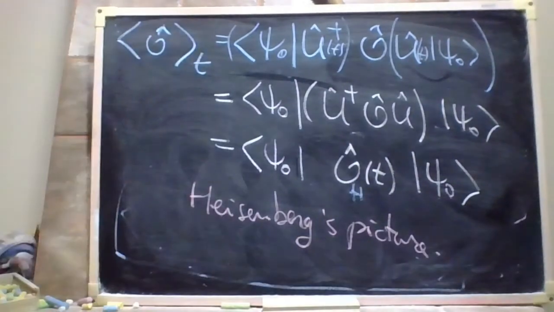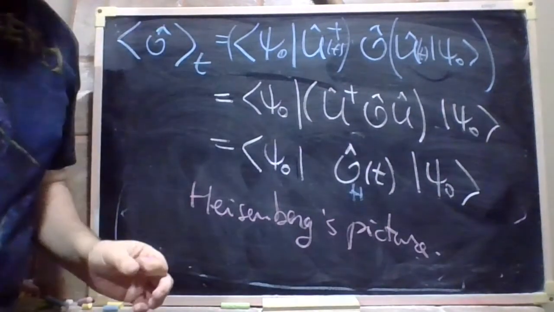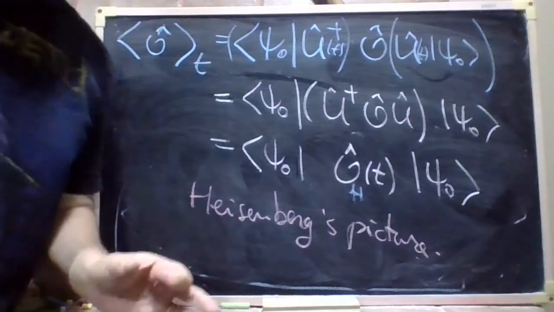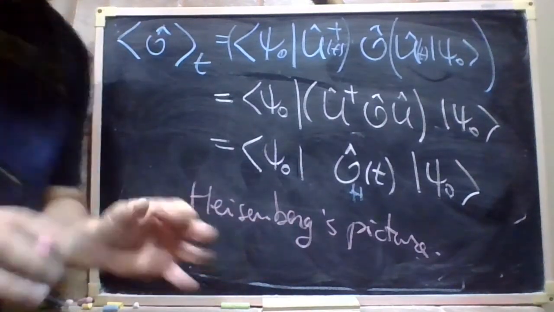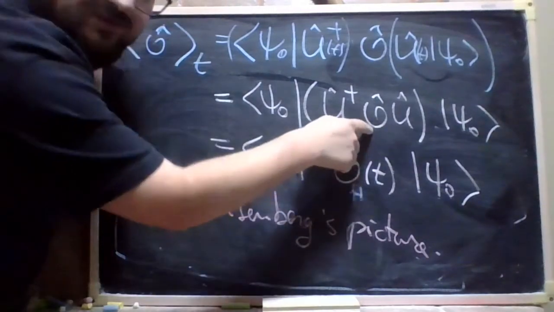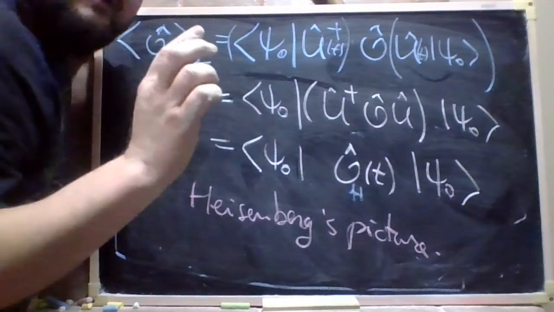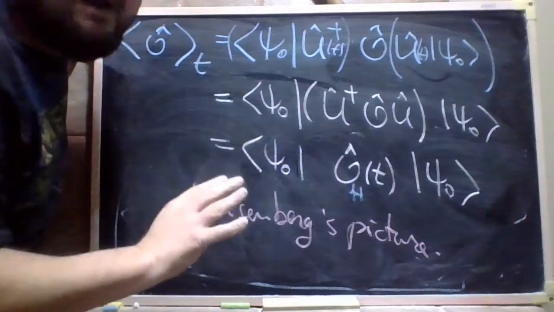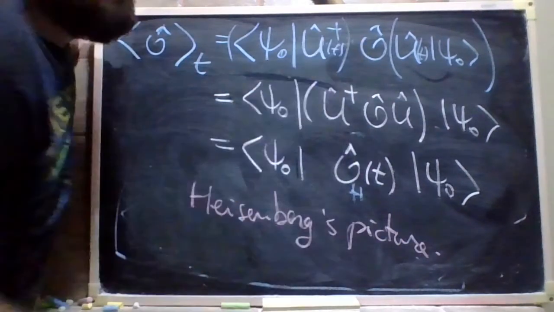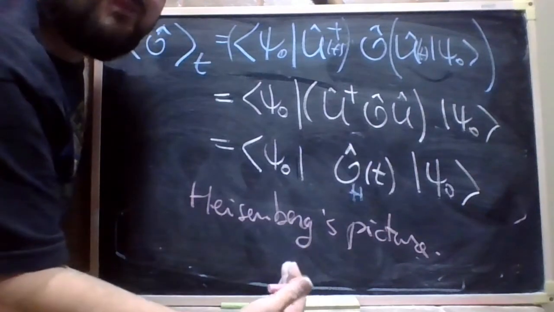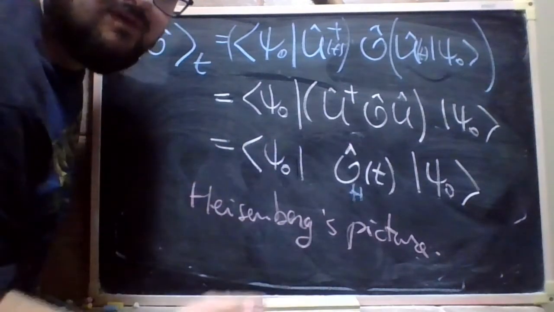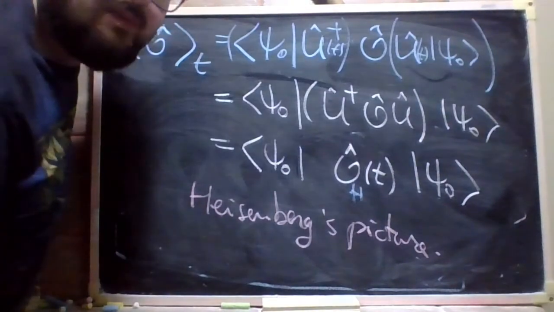All right? Heisenberg, contrary to Schrödinger, puts all the evolution onto the operators, right? For Schrödinger, an observable, if not explicitly dependent on time, is independent of time. It does not depend on time, right?